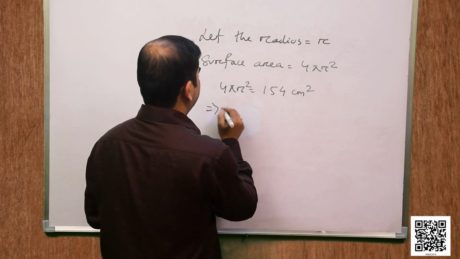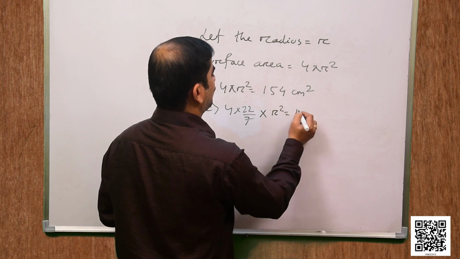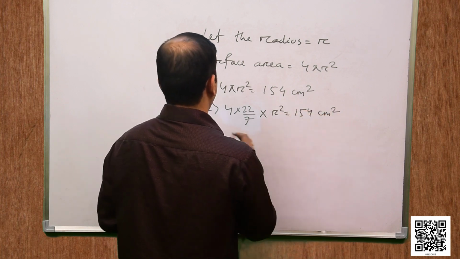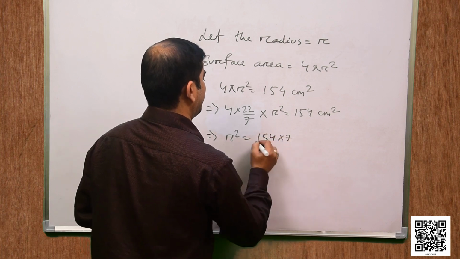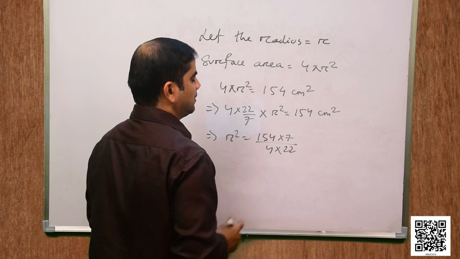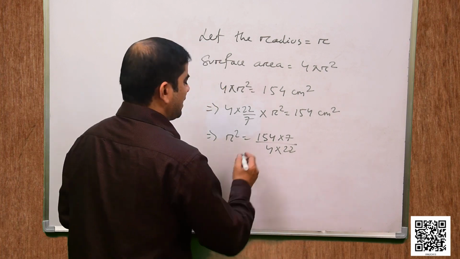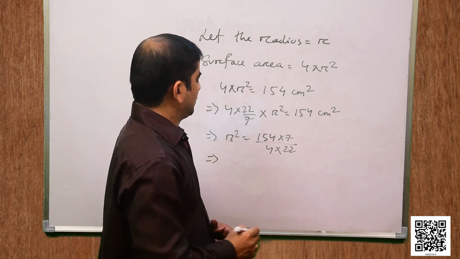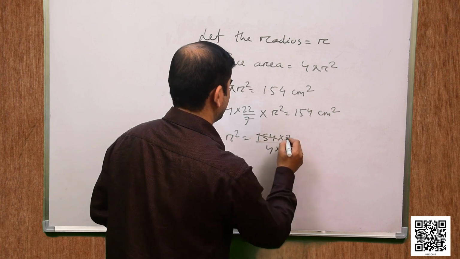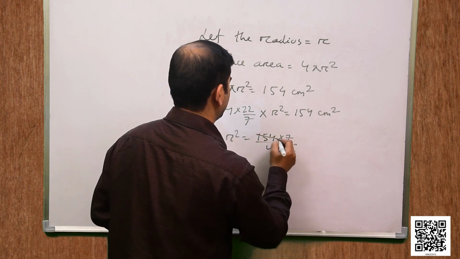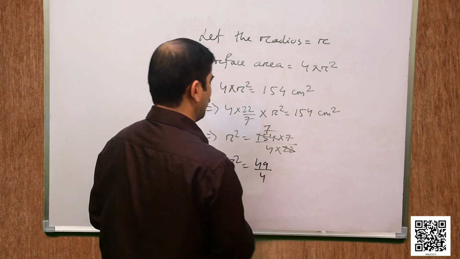Okay. So, that implies 4 into 22 by 7 into r square is equal to 154 centimeter square. That implies r square is equal to 154 into 7 divided by 4 into 22. Okay. So, when we calculate, r square is equal to 49 by 4.